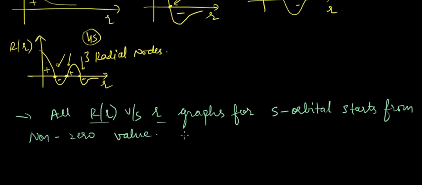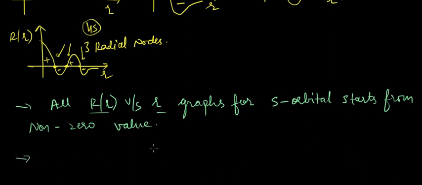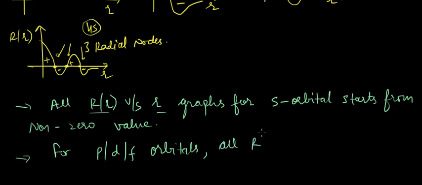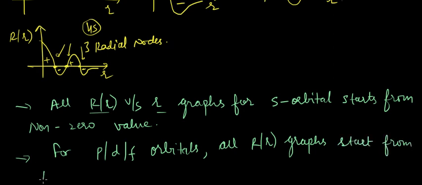Then for p, d, f orbitals all R(r) graphs start from 0.